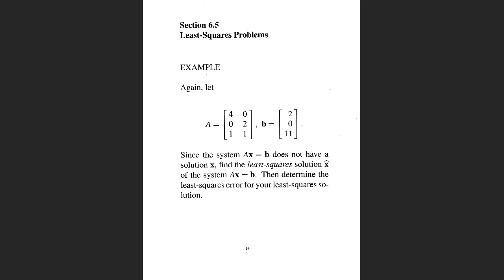The matrix A, the vector B, the same as we had in the earlier example we looked at today.